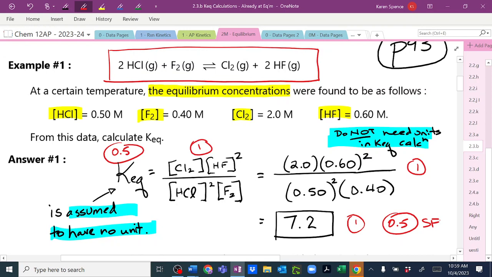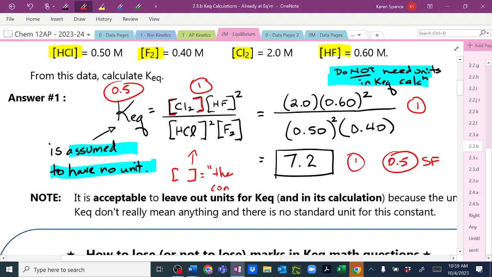Okay? Now, another thing I'd like you to notice, what kind of brackets do we have here? Square brackets. Why do we use square brackets? Because we are saying the concentration of. What kind of brackets do we use when we put the numbers in?